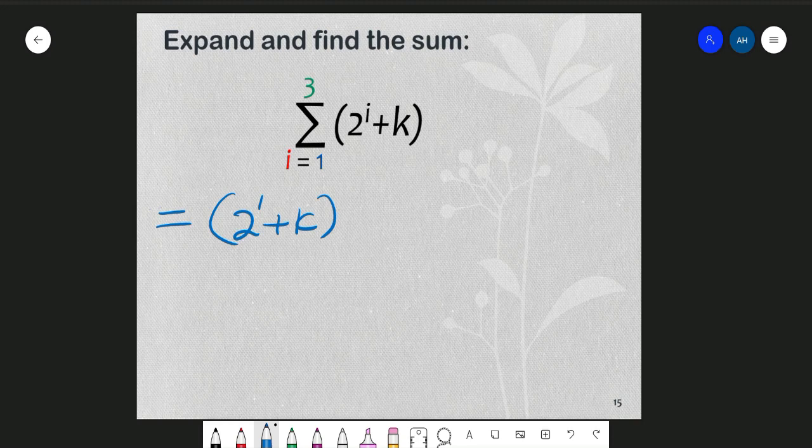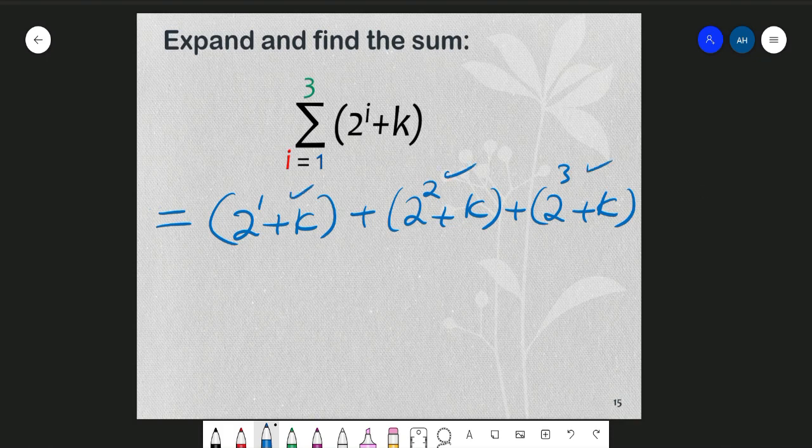Now for the second term we have 2 squared when i equals 2, also added with k. For the third term we have 2 to the power i, in this case i equal to 3, so we have 2 cubed plus k. This is the first term, this is the second term, and this is the third term.